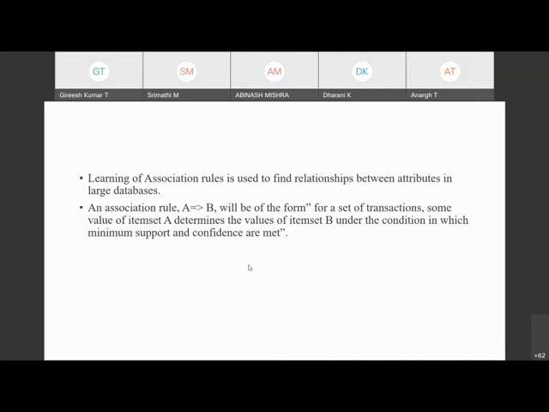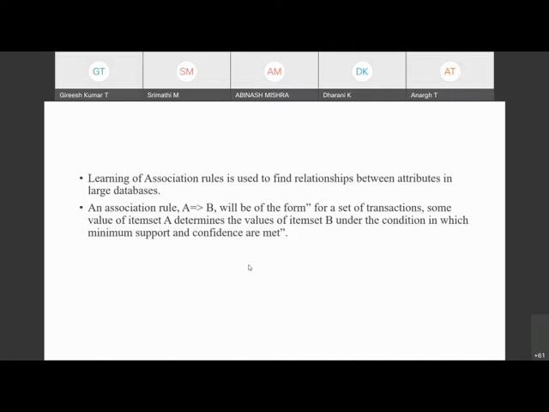and confidence are met. So here in association rule mining, two terms are very important. Those two terms are called support and confidence. These are the two terms associated with association rule mining.